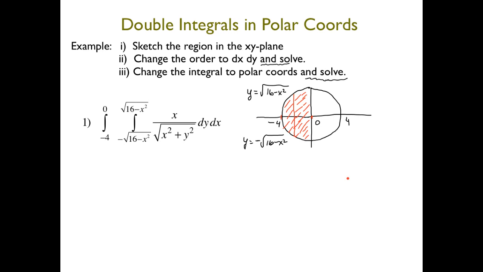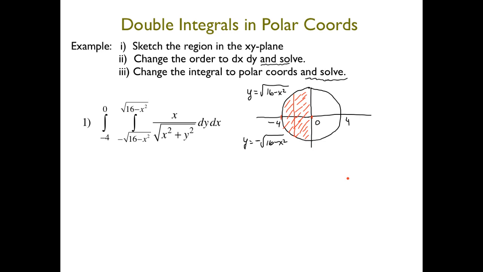Do we have the region right? You should have the region by now. Is this the region that you got? If you didn't, something's not right. How many people got the region before I drew it? Most. Okay, good.